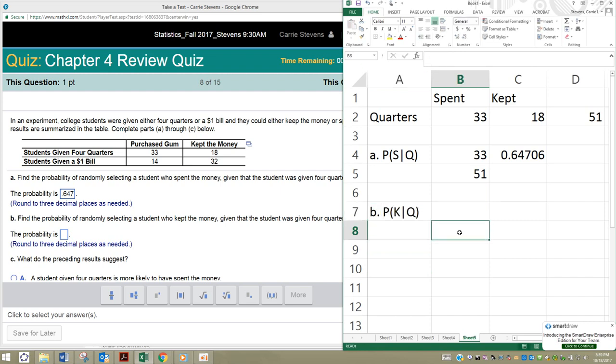All right, so we're still out of the 51 that were given quarters, and 18 of them kept the money, which is 18 divided by 51, which incidentally is equal to 1 minus this because they're complementary events, right?